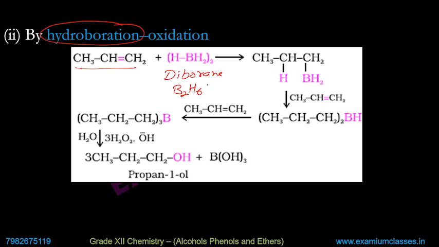We have written it like this, HBH2 whole twice. It is actually BH3 twice, but we have written it as HBH2 whole twice, because we will say that hydrogen will go to one carbon and BH2 will go to another carbon.